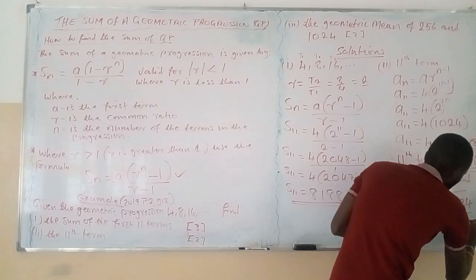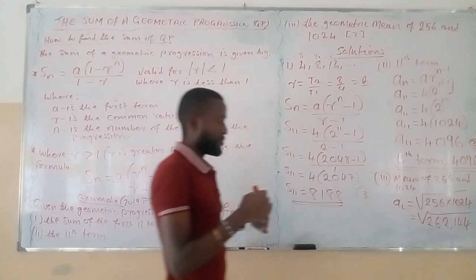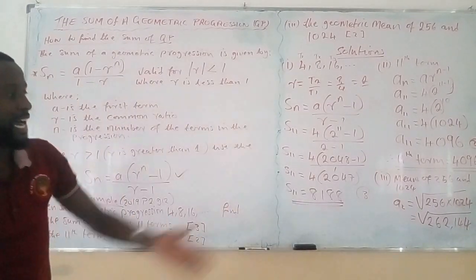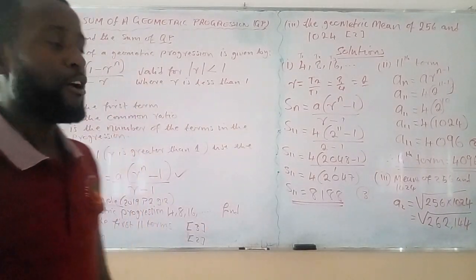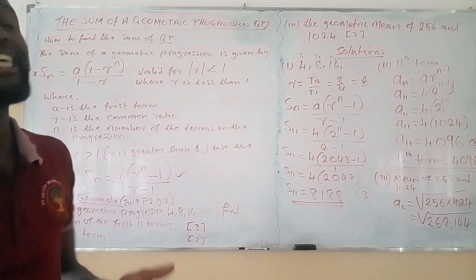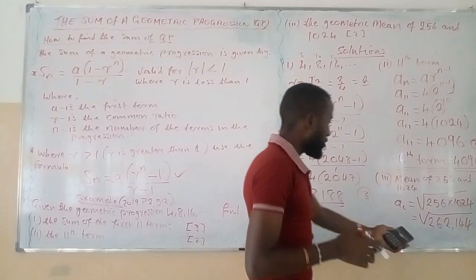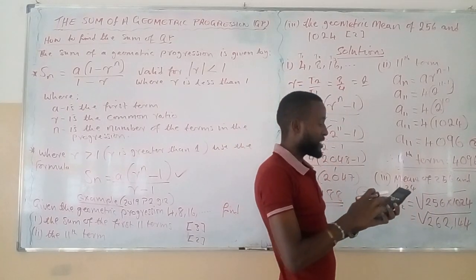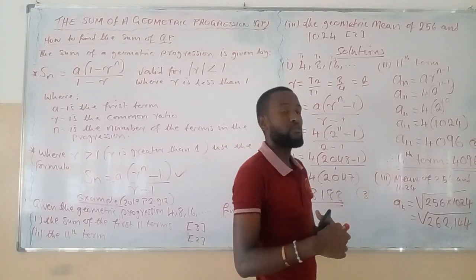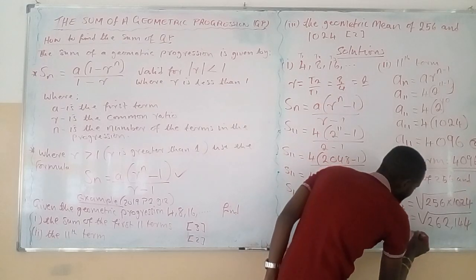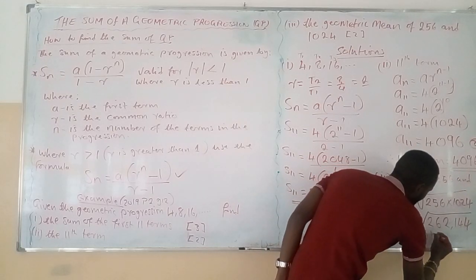If you don't have a calculator, how would you find the square root of that? Of course, you may find it, but it will take a lot of time. So a calculator is very useful. After you have done this, what is the square root of this same number? It is 512.